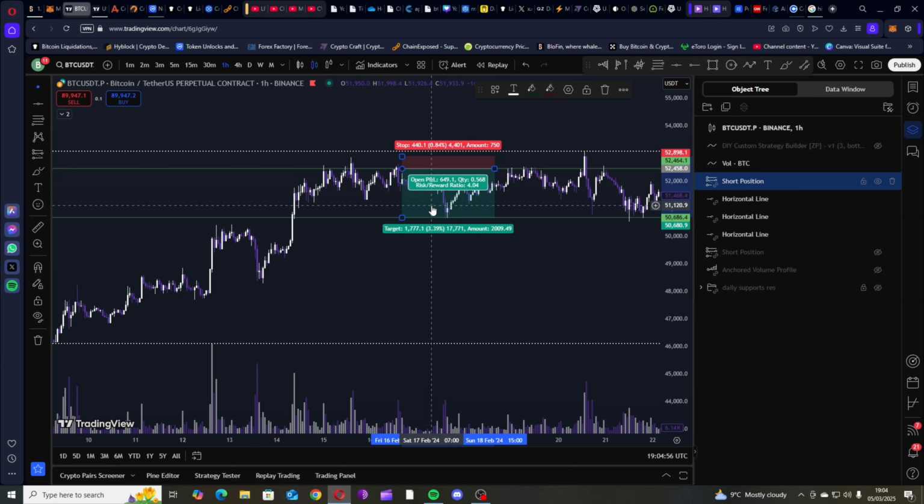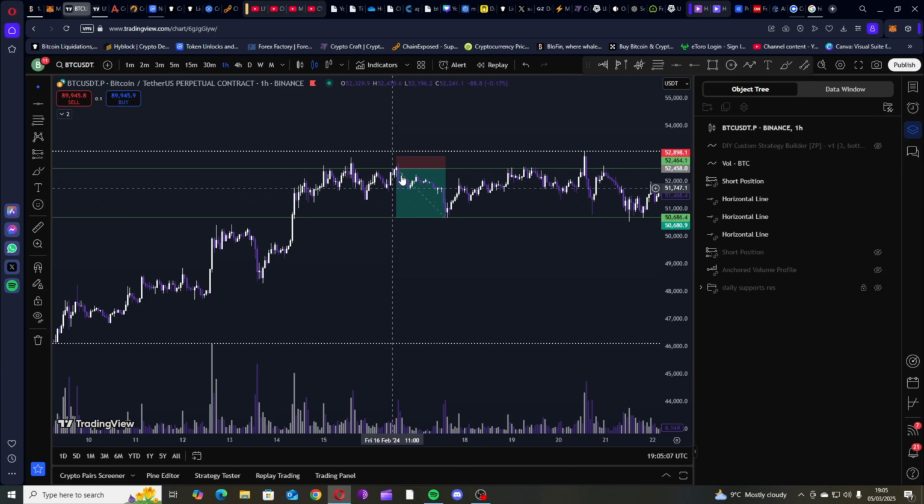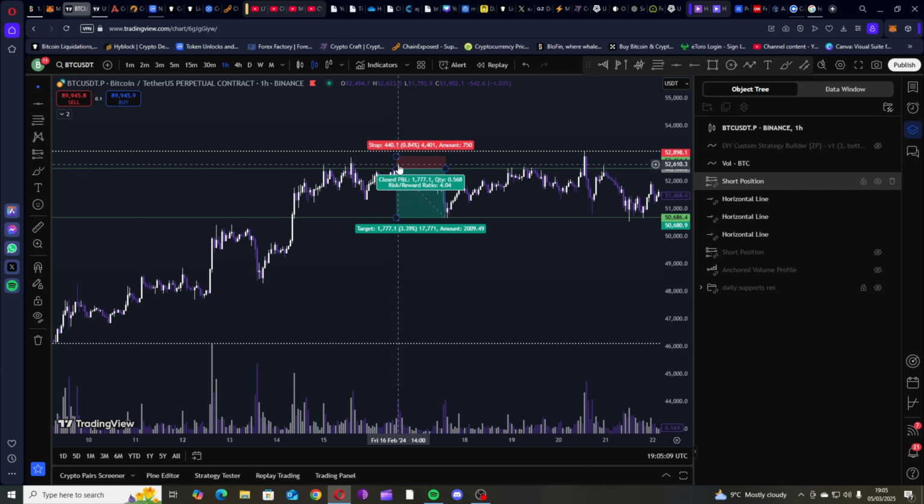Once you hit the bottom of the range, which it did, from your short there, a lot of people probably would have panicked when it wicked up, but your stop loss is safe. You're going to be willing to lose, say, $10 to make $50 or $40 here.